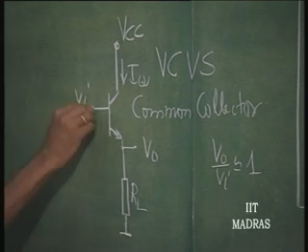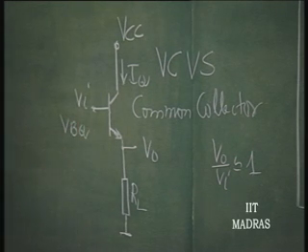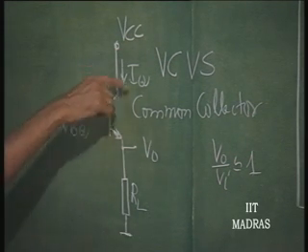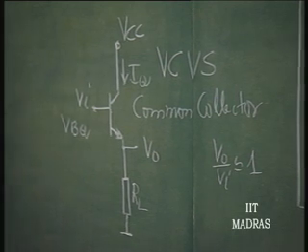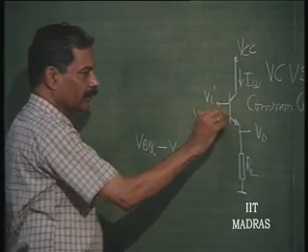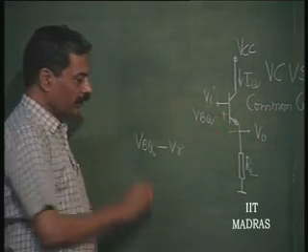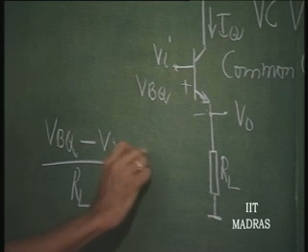Obviously, we have V B quiescent here in order to make this operate at I quiescent. So, V B quiescent minus V gamma, this one, divided by R L in this case is I quiescent.